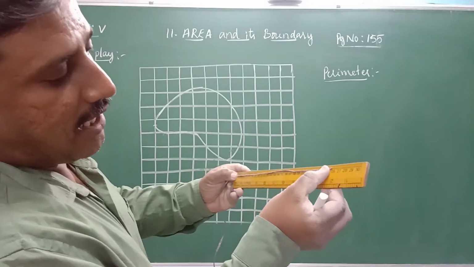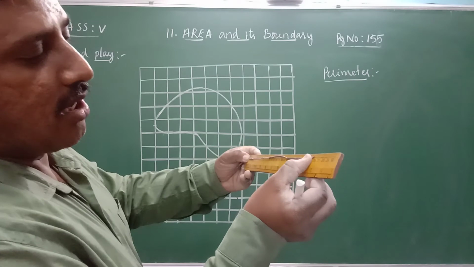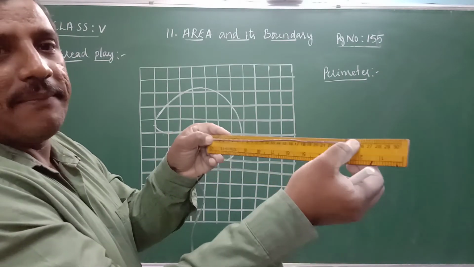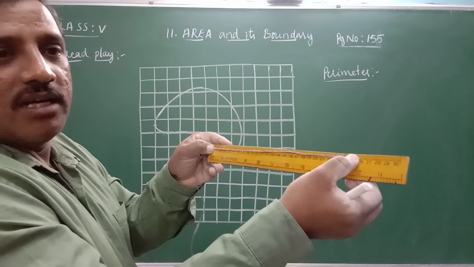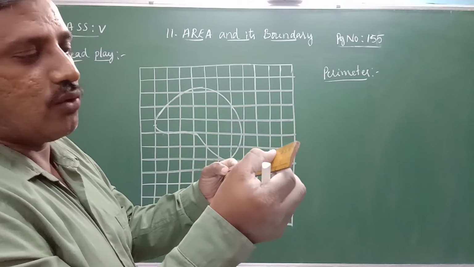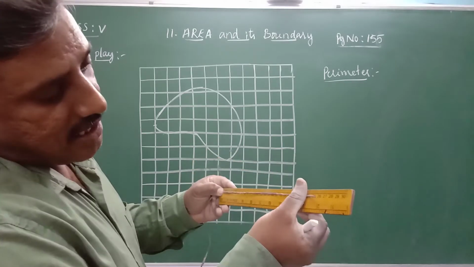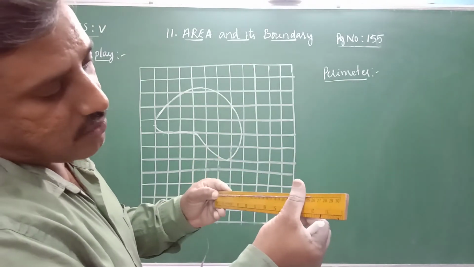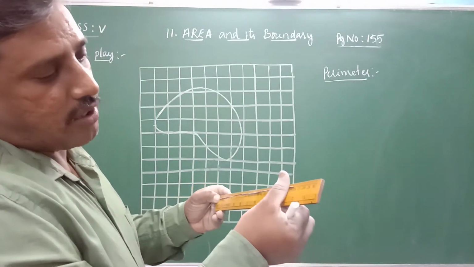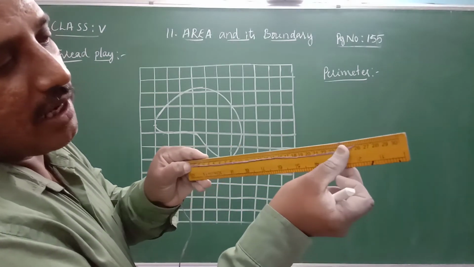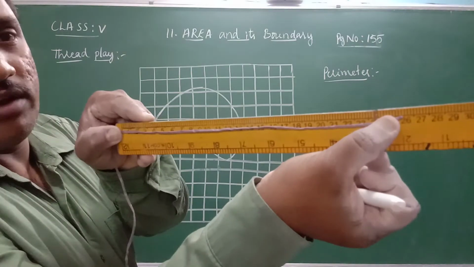So approximately it is how much? 25.5 is there now. Sorry, it is exactly 25.6 here. See this, 25.6.